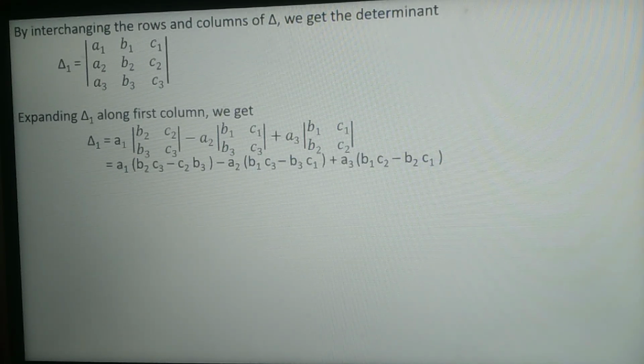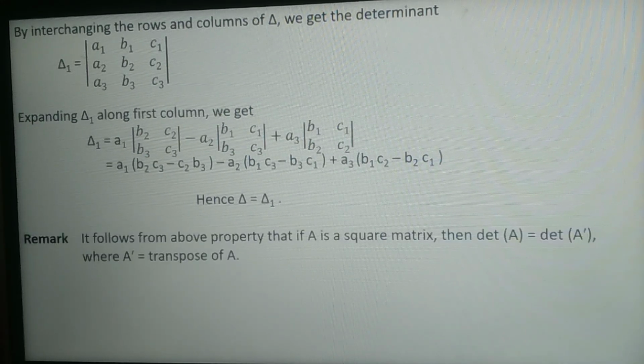This is equal to A1 into B2, C3 minus C2, B3 minus A2 into B1, C3 minus B3, C1 plus A3 into B1, C2 minus B2, C1. Thus we get delta is equal to delta 1.